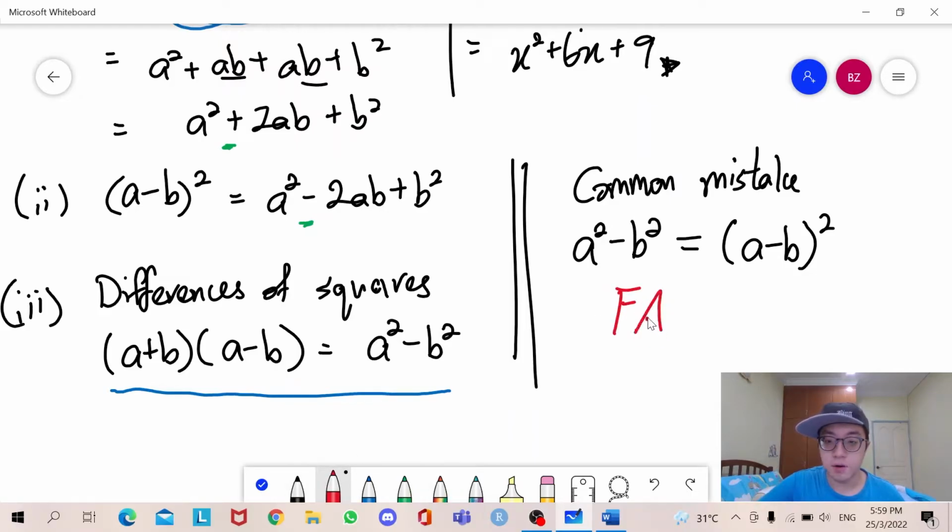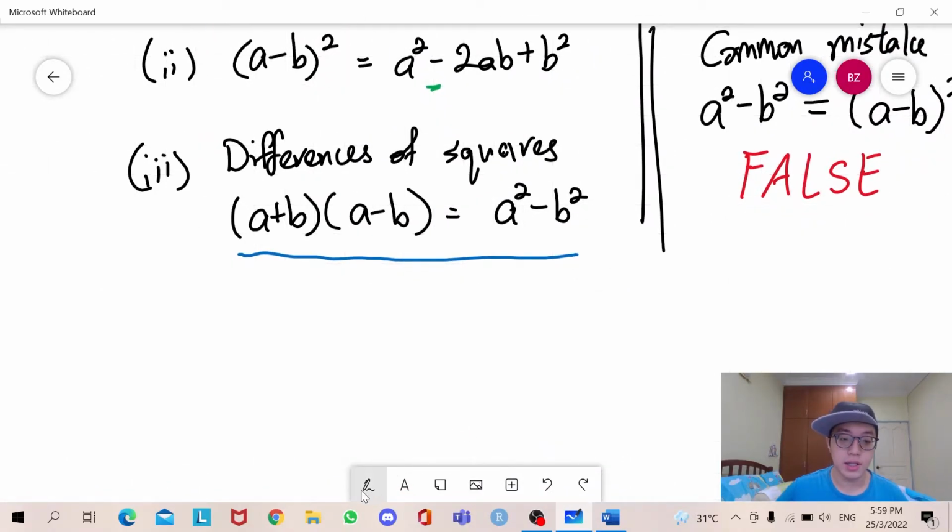This is false. The two of them are different, because from (a minus b) squared, you will get a squared minus 2ab plus b squared, and a squared minus b squared is actually different. So please take note of this, and please don't make this kind of mistake in your exams.